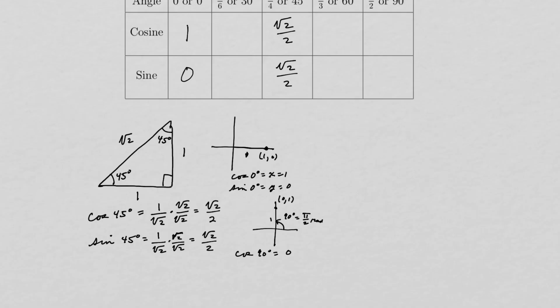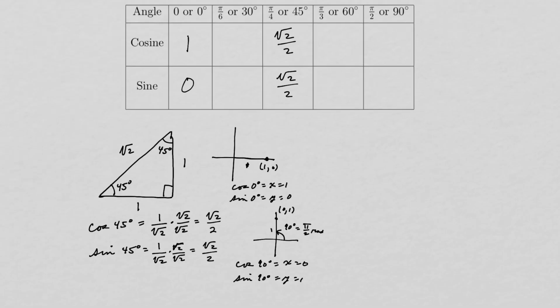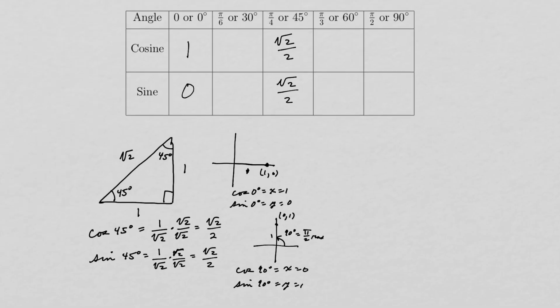And then sine of 90 is going to be the y value, and that's 1. So this is the x value, that's 0. This is the y value, that's 1. So this is also true. Cosine of 90 is 0, and sine of 90 is 1.